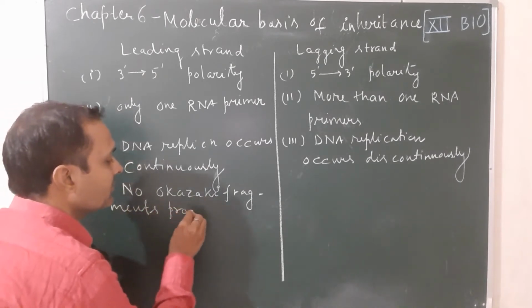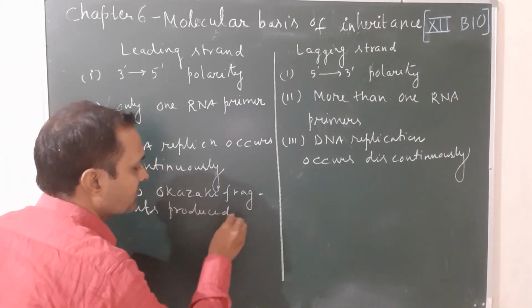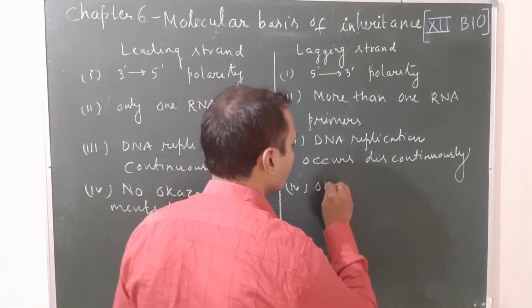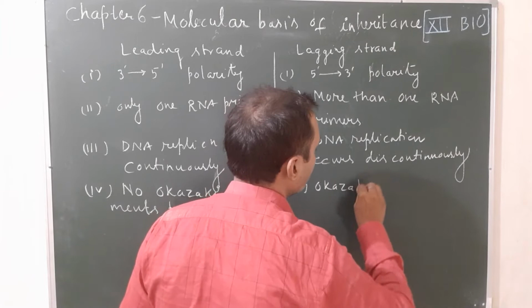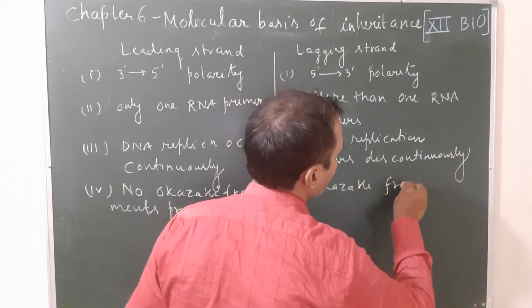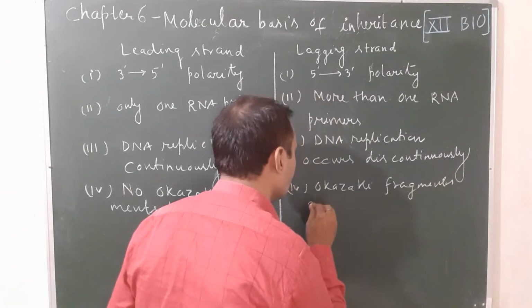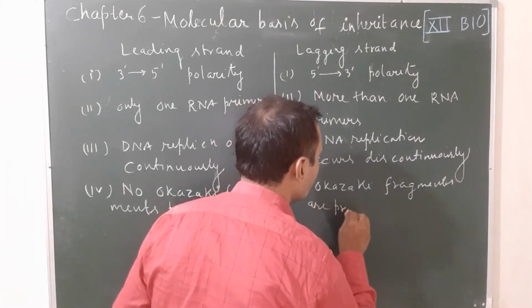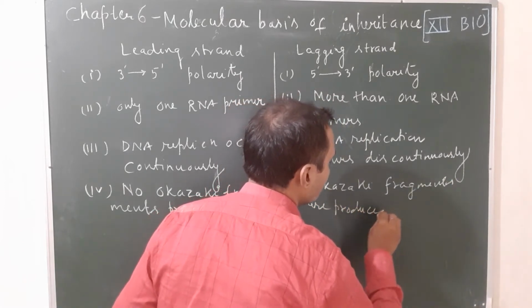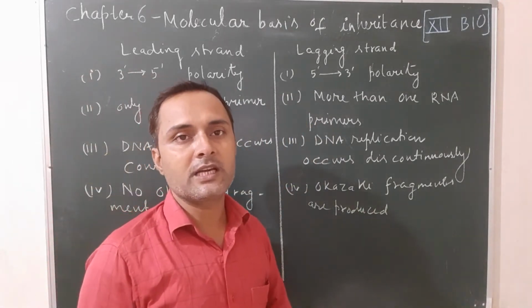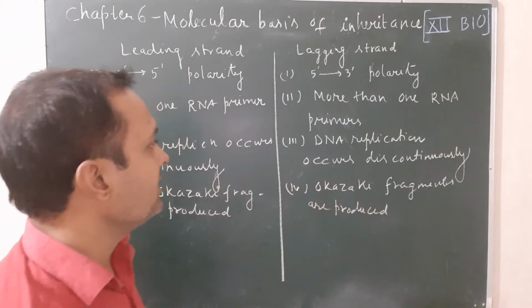You can see on this strand no Okazaki fragments are produced, and here Okazaki fragments are produced. What are Okazaki fragments? Short fragments of DNA synthesized on the lagging strand are known as Okazaki fragments.